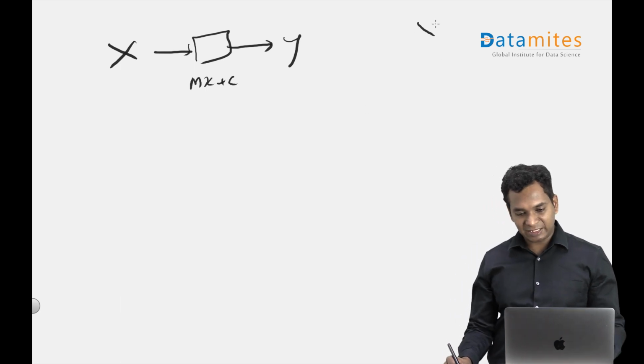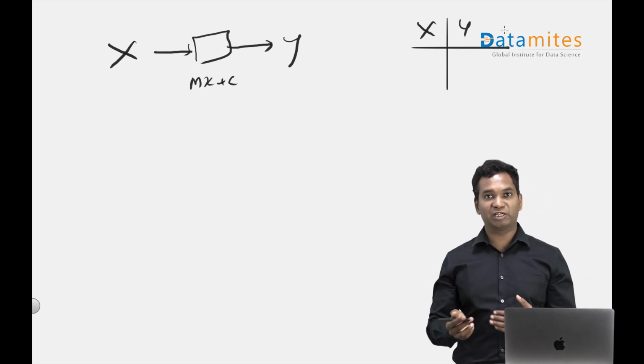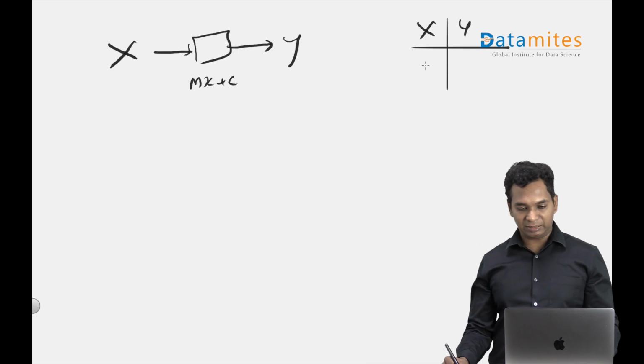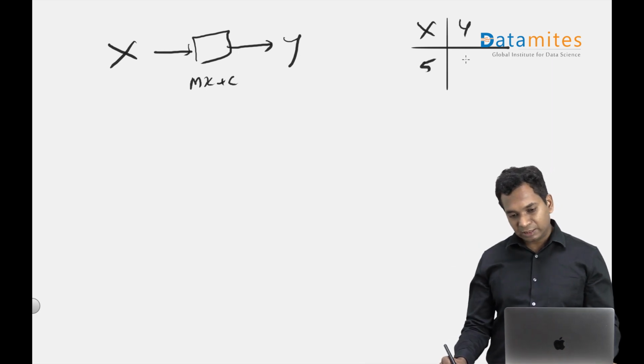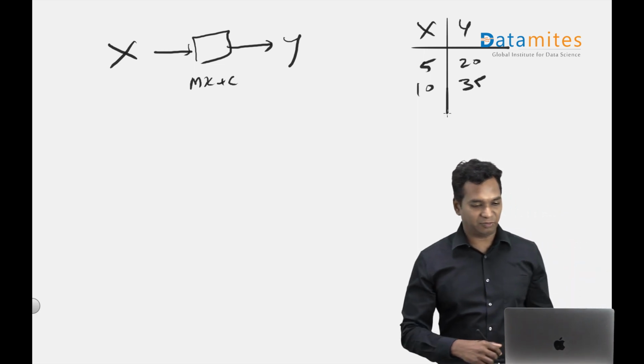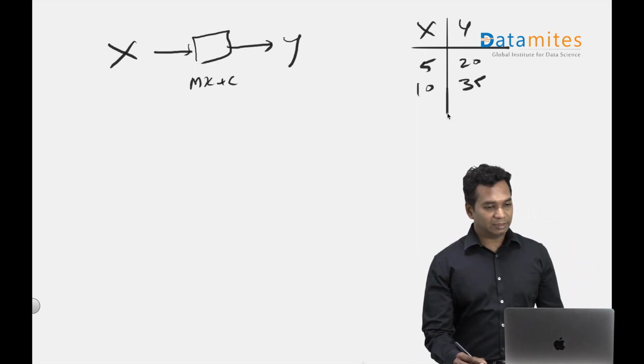So for simplicity's sake, for calculation, I'm going to take simple values rather than taking thousands and hundreds. Let's say 500 square feet could be simply 5, and let's say it costs you about $200,000. Put 20 there, and then this is like, let's say, 350 or 35.